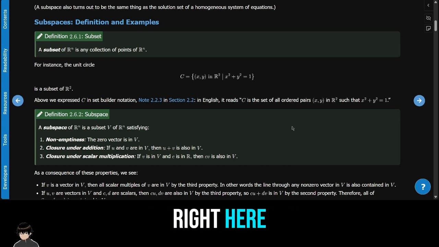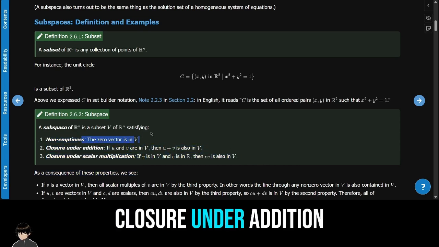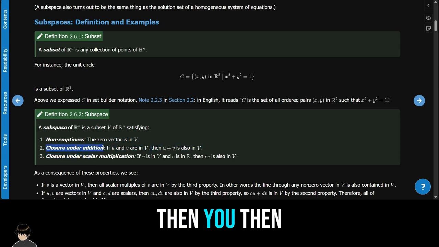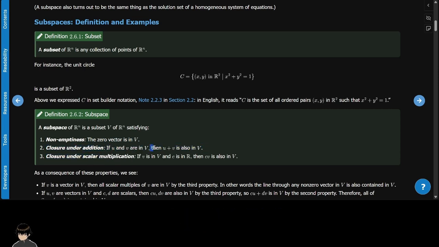These three rules right here, which say: non-emptiness, the zero vector is in V; closure under addition, okay? The zero vector is in V. Closure under addition: if U and V are in V, then U plus V is also in V.